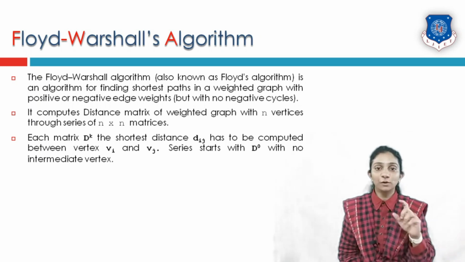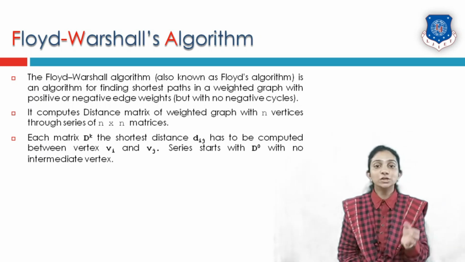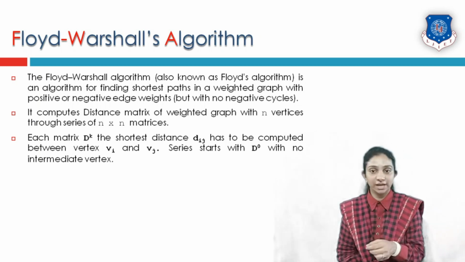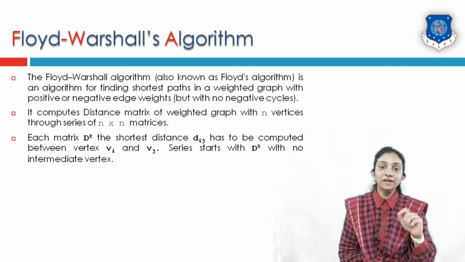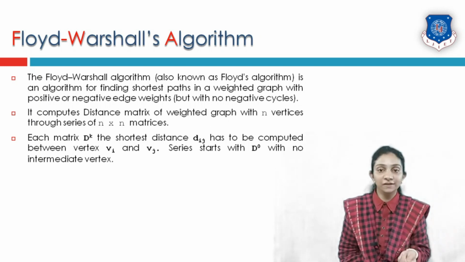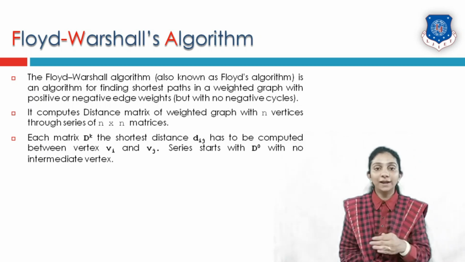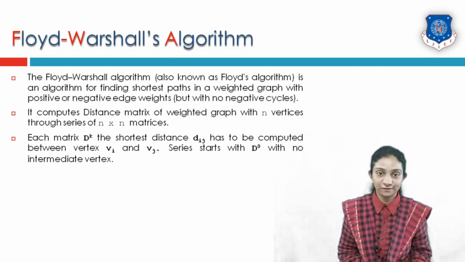Each distance matrix Dk shows the distance from node i to node j, that is, it computes the minimum distance from vertex i to vertex j. So we will start with D0 and go up to Dn if there are n vertices.